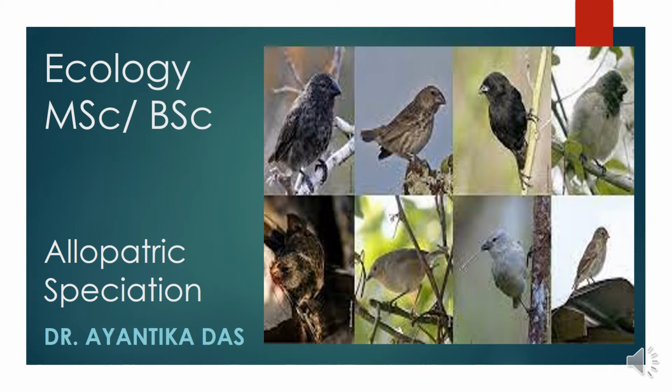So this type of speciation, according to the habitat it is living in and the isolation of these islands, resulted in many subspecies of a single founder species, and this adaptive radiation created many species. This type of speciation is called allopatric speciation.